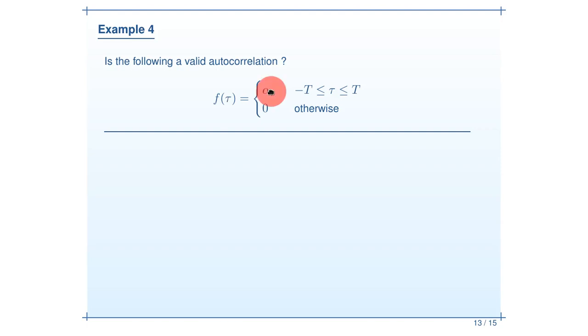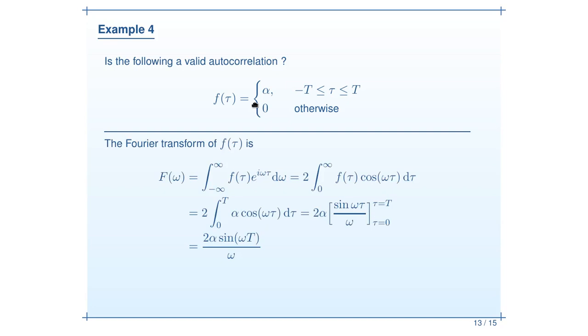This has a maximum value at the origin, this is even, and so on. So this looks like it is a valid autocorrelation, but we can be sure only if we take the power spectral density. I mean, if we take the Fourier transform, we don't know whether it is an autocorrelation, so we cannot call the Fourier transform a power spectral density.